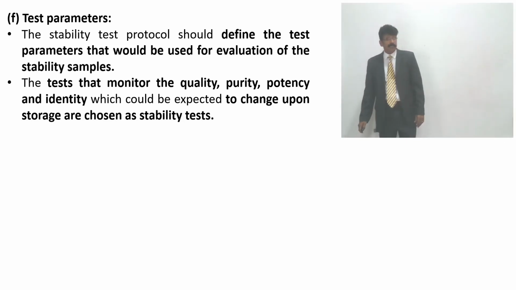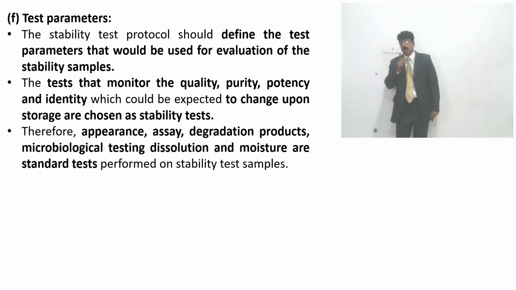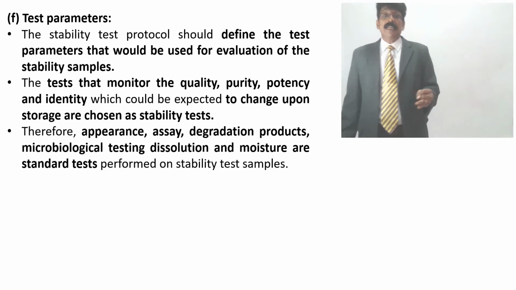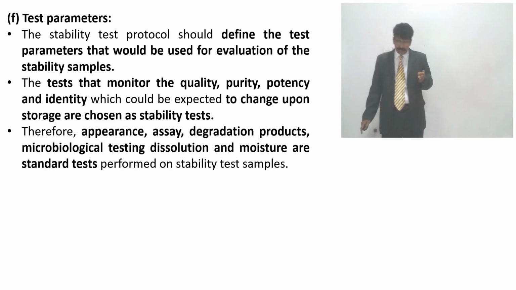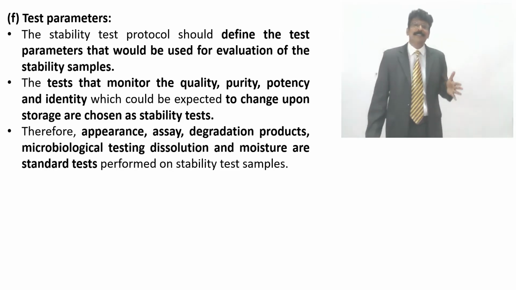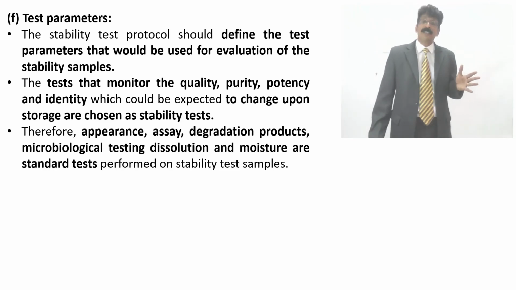In general, test parameters when you want to write, we have already done, but it is common. Therefore, appearance, assay, degradation product, microbiological test, dissolution testing and moisture are the standard tests performed for stability testing samples.